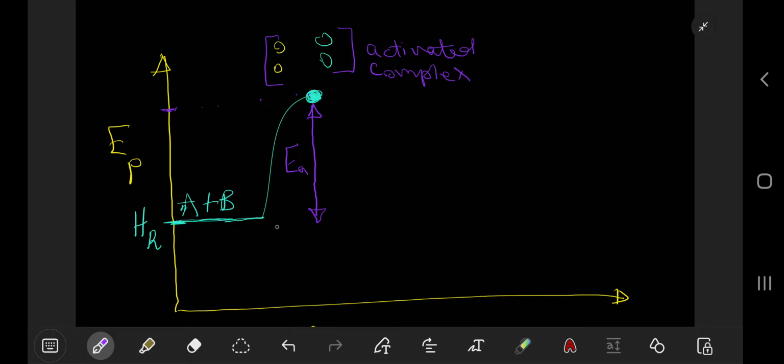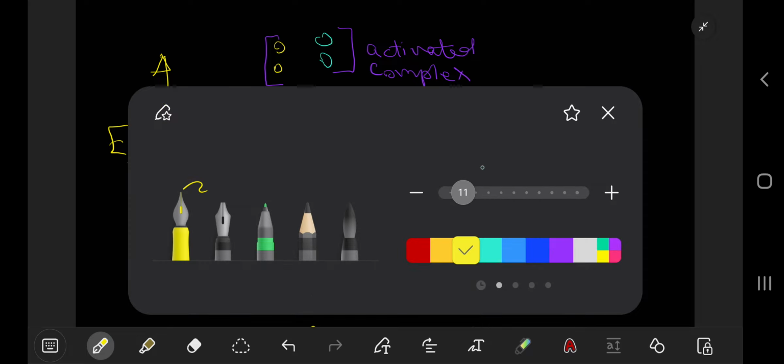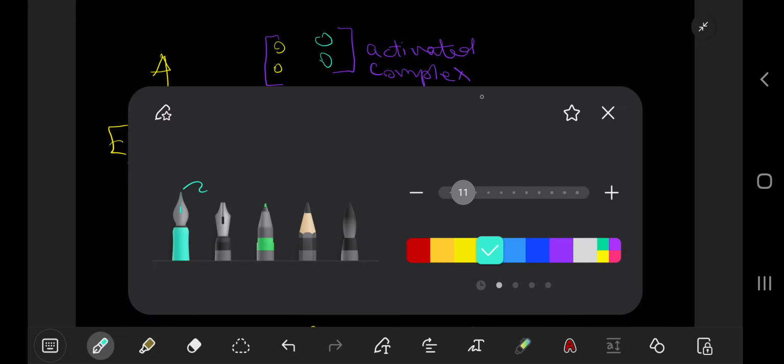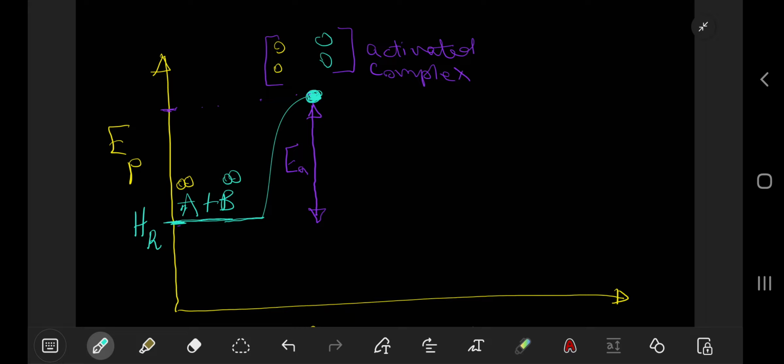Now we said these are the reactants. So this was A and there was B, and then energy is absorbed here to break down the bonds, right? Energy is absorbed to break down the bonds up until they are broken down, and at that stage these particles are very unstable.